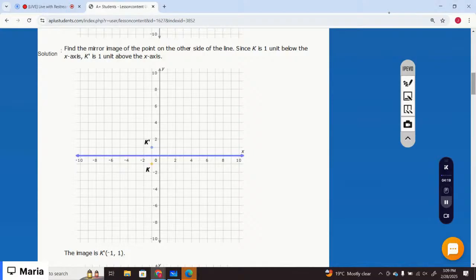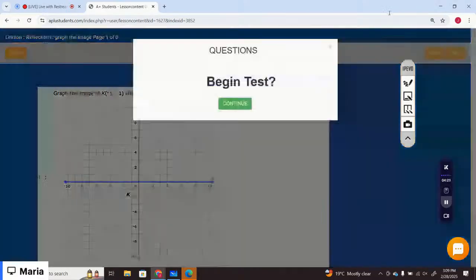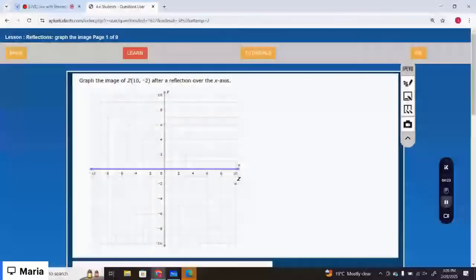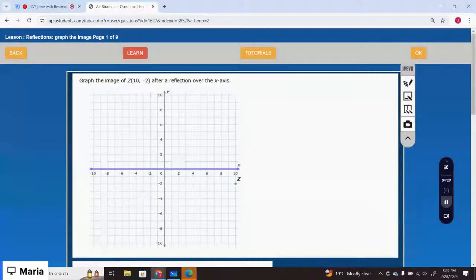Okay, let's just start with the test questions. Graph the image of Z (10, -2) after a reflection over the x-axis.